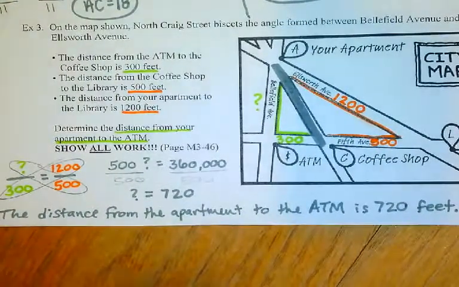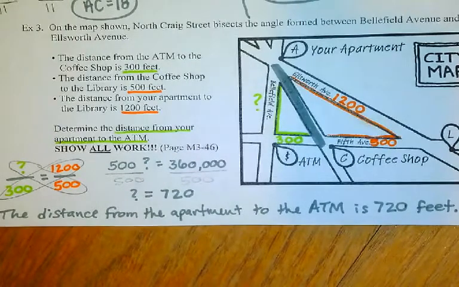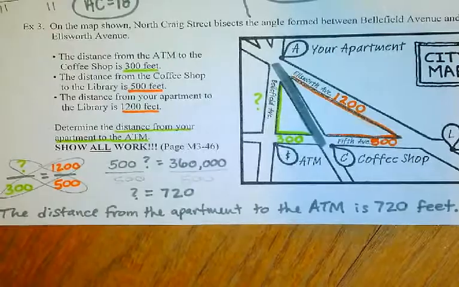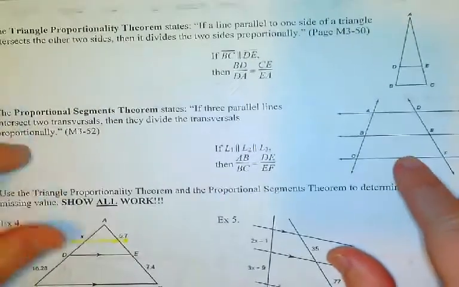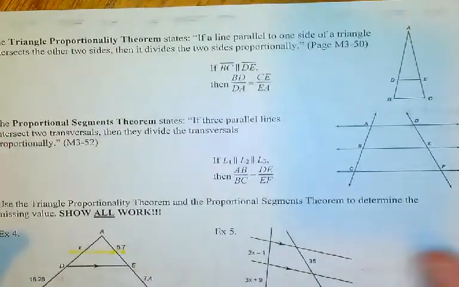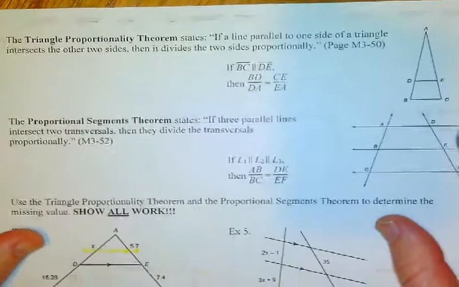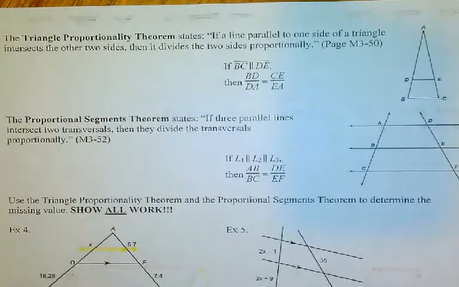Alright, we're going to take a look at a couple other proportion theorems, and then you guys will be all set. Okay, so I'm going to flip this to the other side. These other two proportion theorems that we're going to focus on right now are all based off of parallel lines.